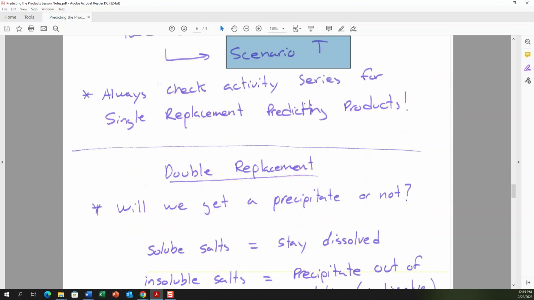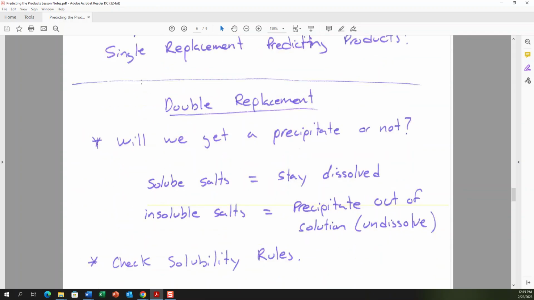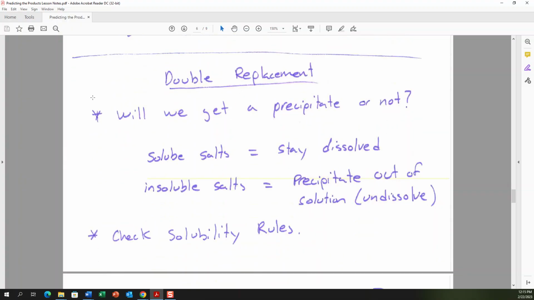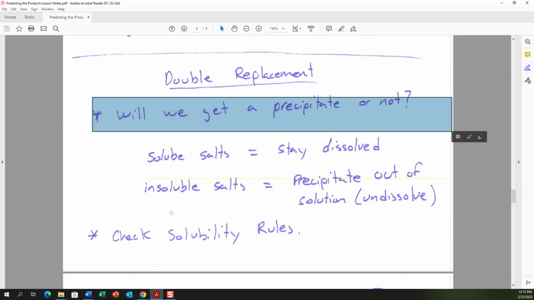All right? So what about the double replacement reactions? So really, it's just when I mix two ionic compounds that are dissolved in water, if I mix two aqueous solutions of ionic compounds, the question is, do I produce a compound that's not soluble? So it undissolves out of water.